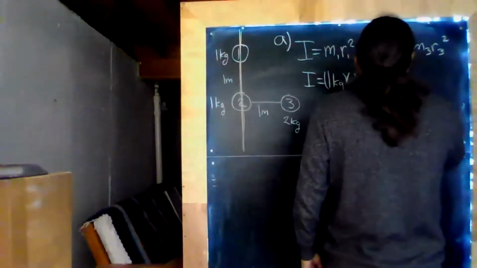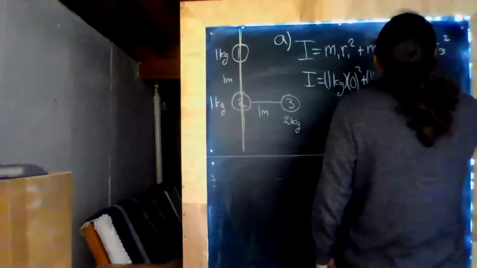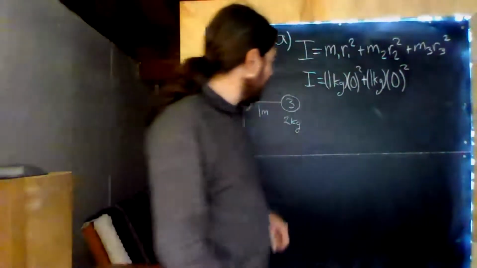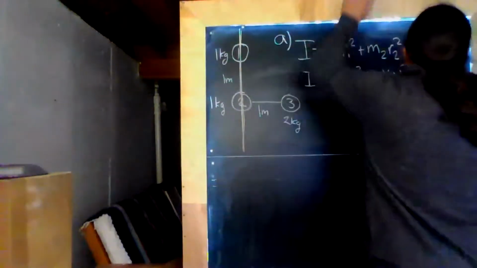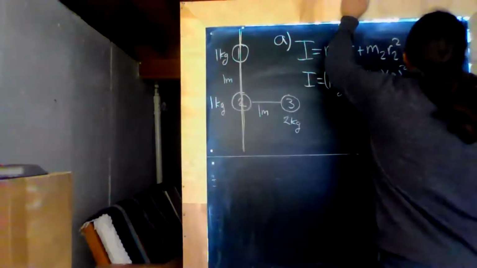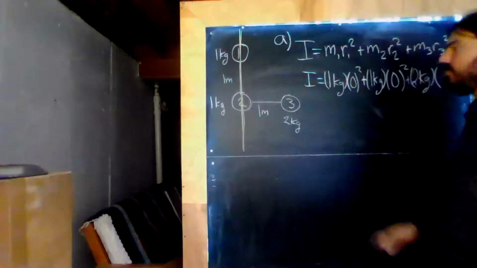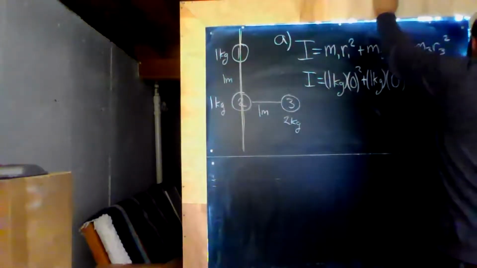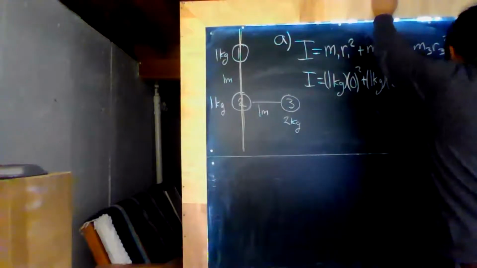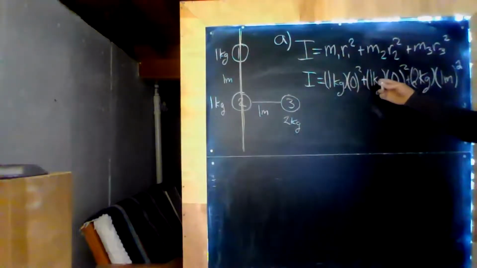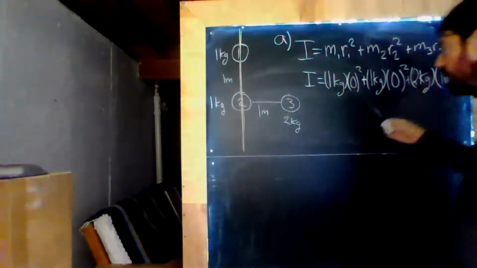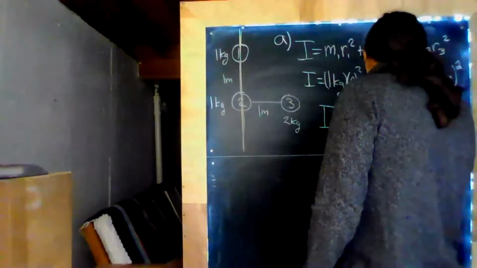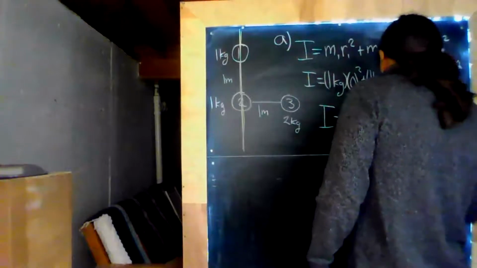It too is on the rotational axis, so its radius is also 0. Plus M3, that's 2 kilograms. It is 1 meter from the rotational axis. Okay, there we go: 0 plus 0 plus 2 kilogram meters squared.